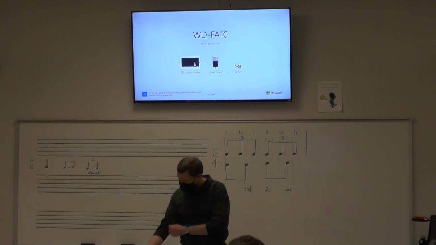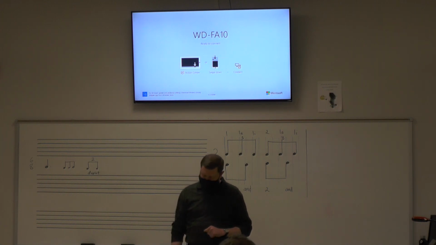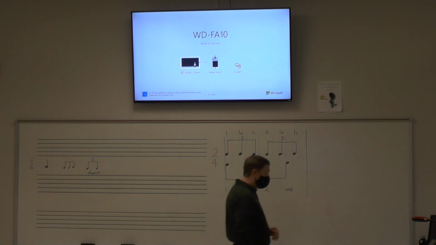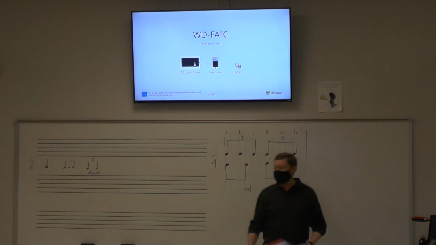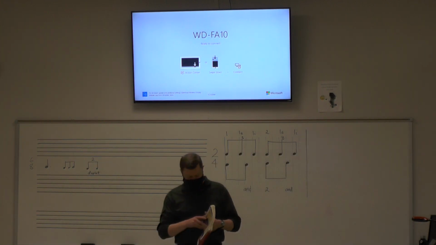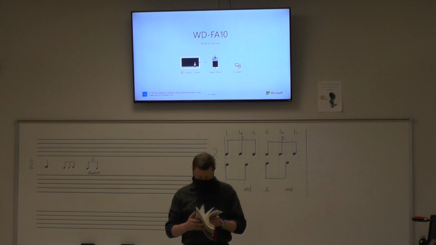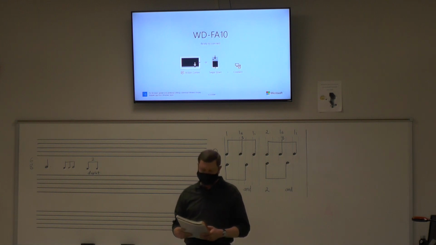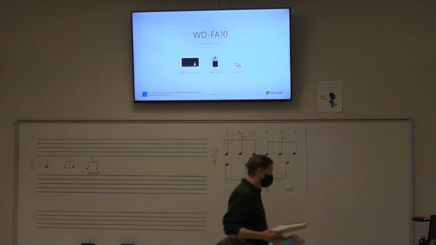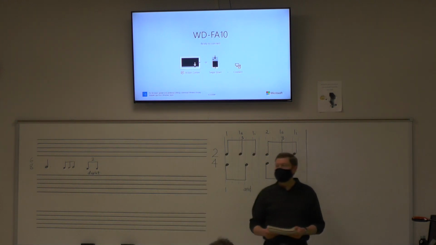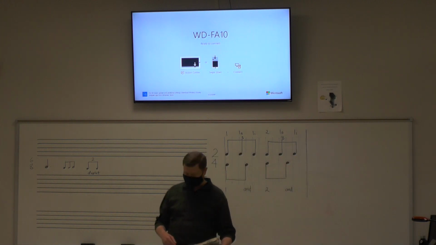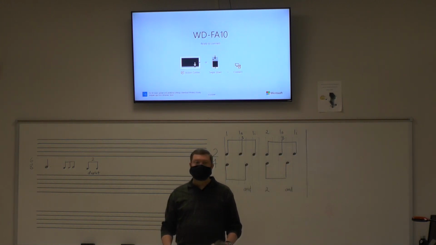That's going to be in your ear training books on page 183. I don't know if you still have that page, but I hope you do. Page 183. You have it? And have we done number 2?